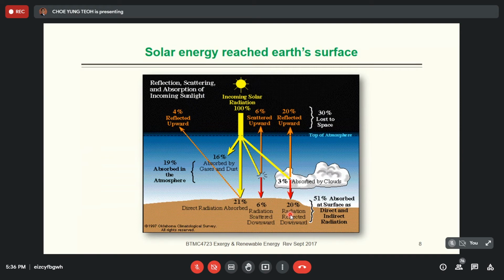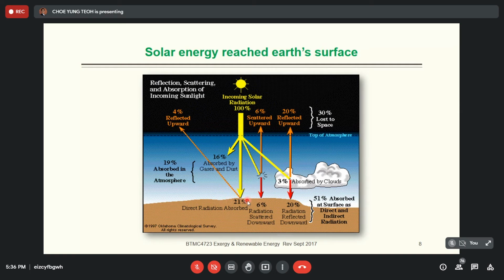So how do you track the sun? You only track the 21% over here. Diffuse radiation you normally have to ignore, because you have no idea how to track it. You cannot track multiple directions with one panel; you can only track one direction. So we always focus on the direct radiation.